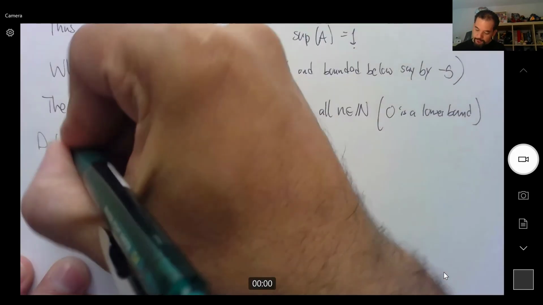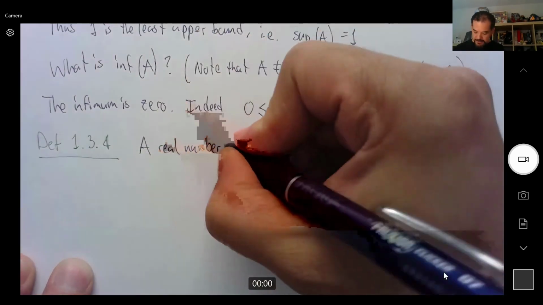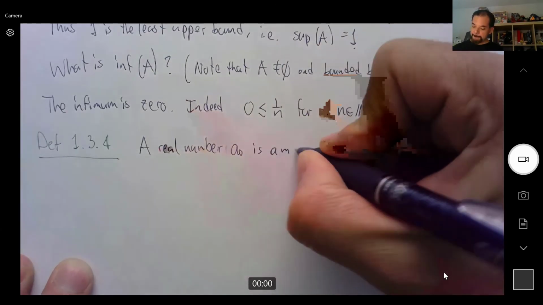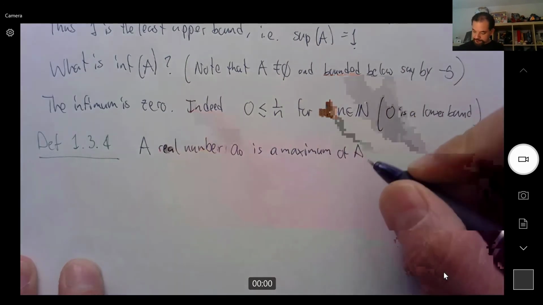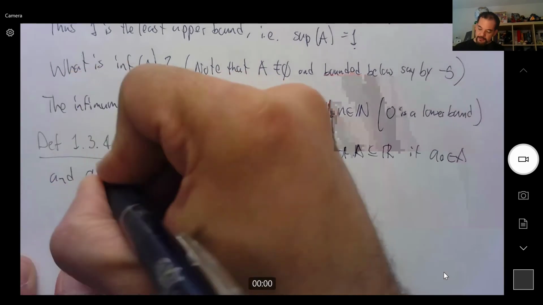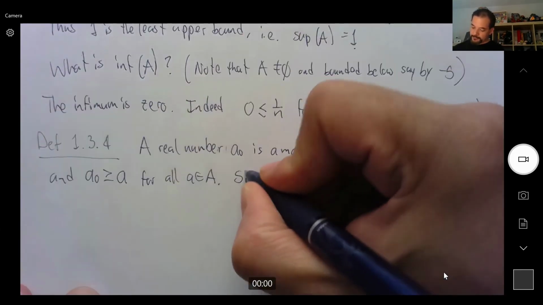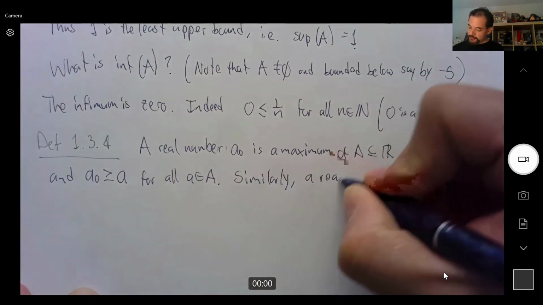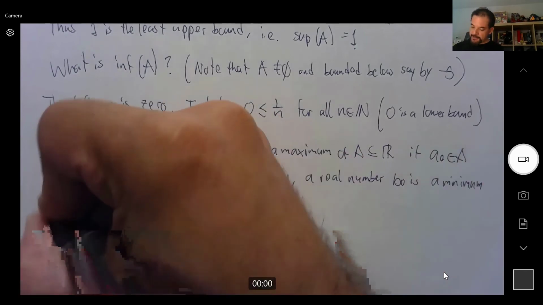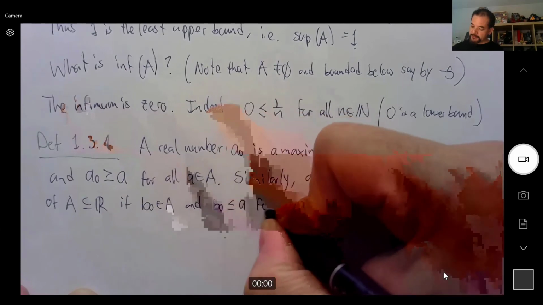This is definition 1.3.4 in our book, and it says the following: a real number A0 is a maximum of the set A, a subset of real numbers, if A0 belongs to A and A0 is greater than or equal to a for all a in A. Similarly, a real number B0 is a minimum of A if B0 belongs to A and B0 is less than or equal to a for all a in A.